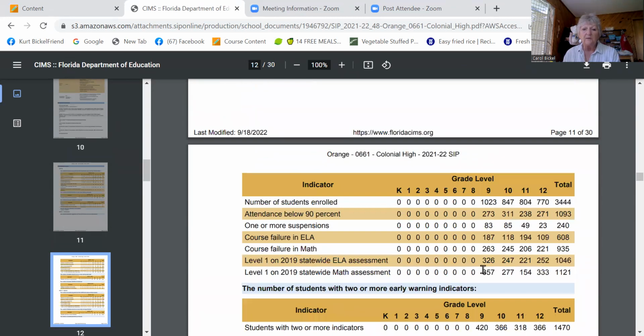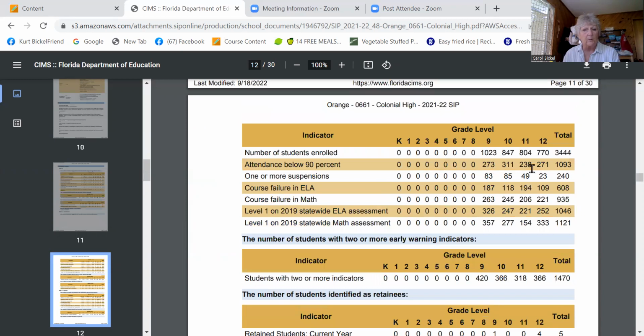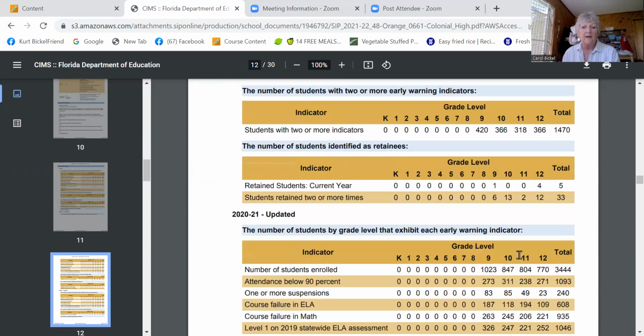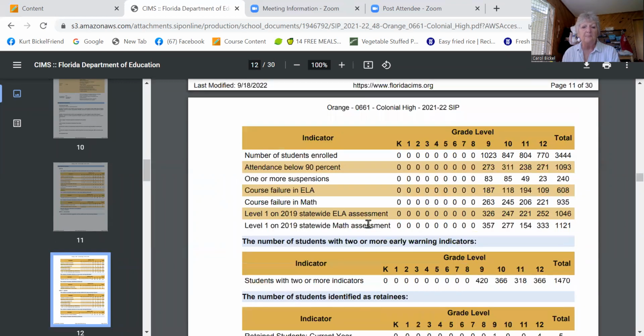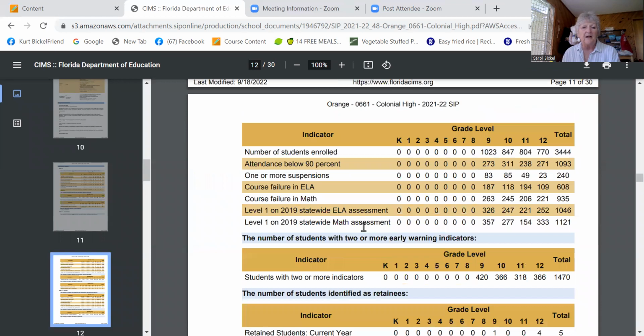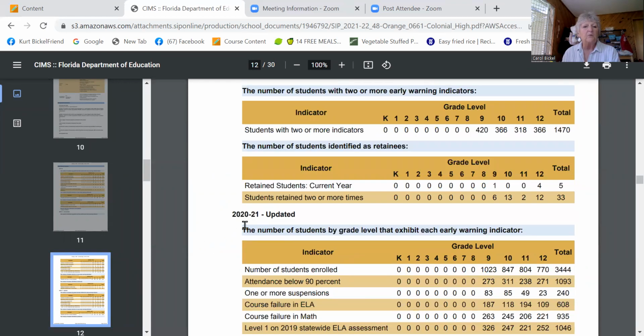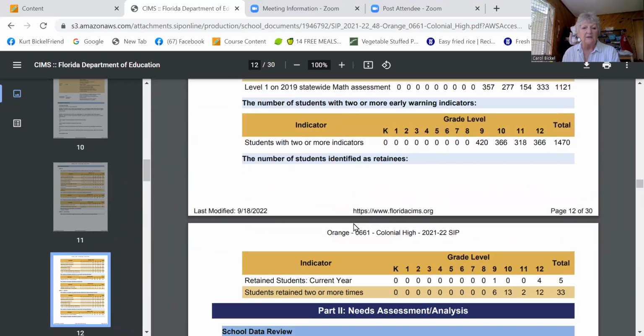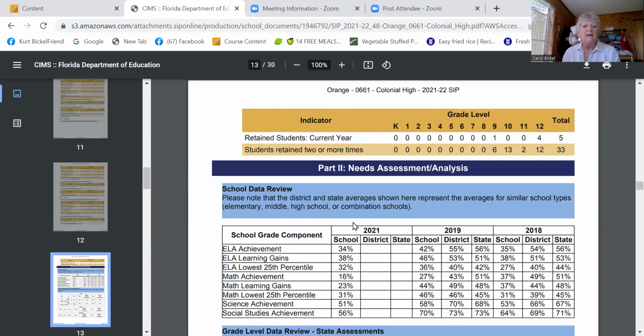Then we go down to the number of students enrolled in each grade level. And again, different categories that have been disaggregated. Sorry, I'm kind of skipping around here. This is a 2021 school year. It will also tell you the 2020, 2021.